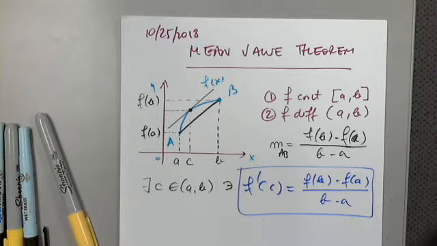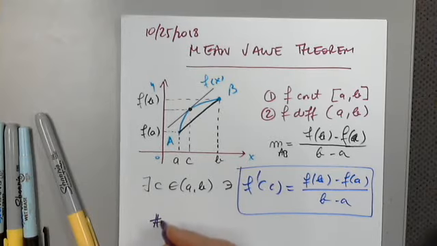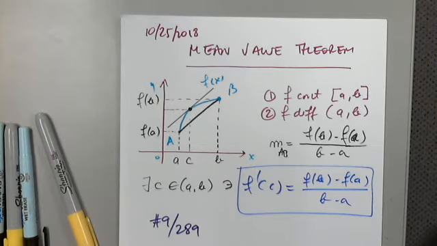Okay. Let's see how this works. On page 289, let's start with problem 9. Verify that the function satisfies the hypothesis of the mean value theorem on the given interval. Then find all numbers c that satisfy the conclusion of the mean value theorem.